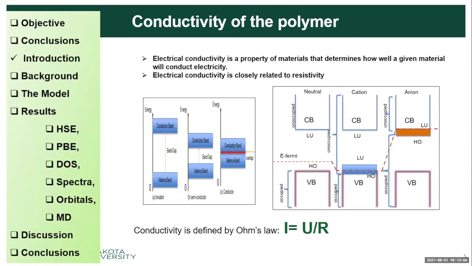When there is a small band gap between the conduction band and the valence band, the material behaves like a semiconductor material. And when the conduction band and the valence band overlap with each other, then the material behaves like a conductor material.